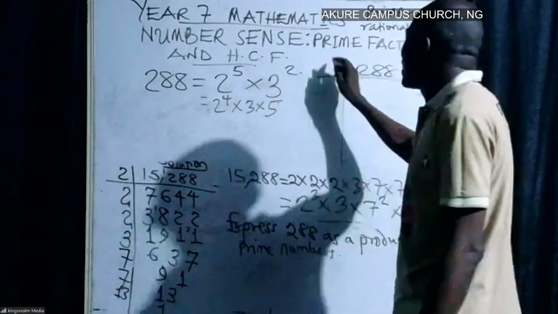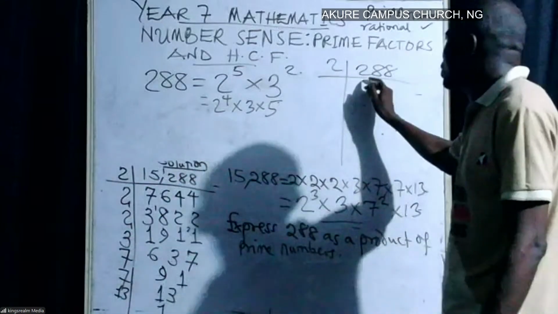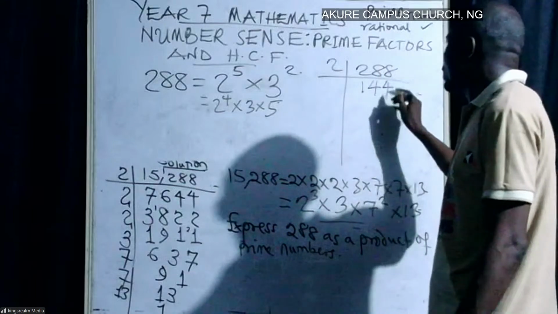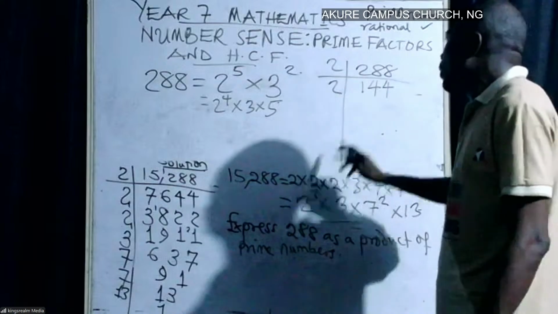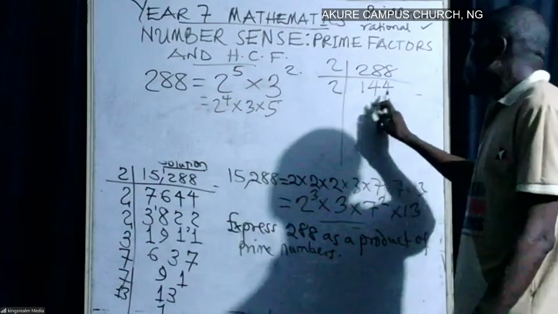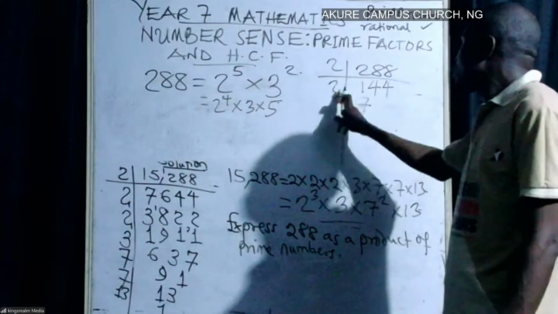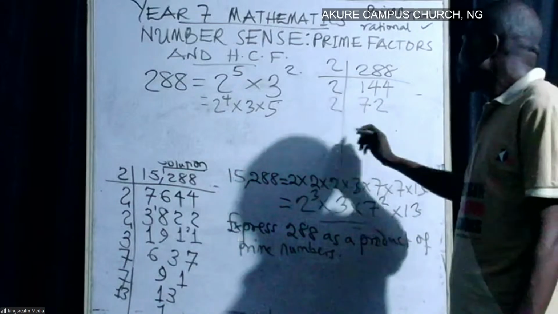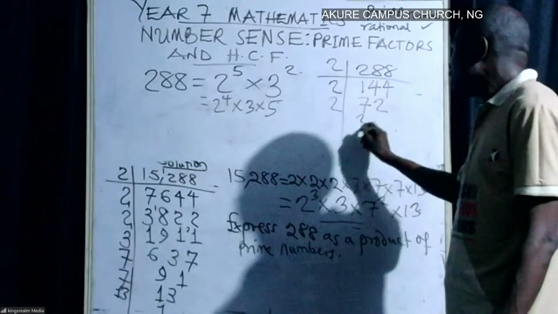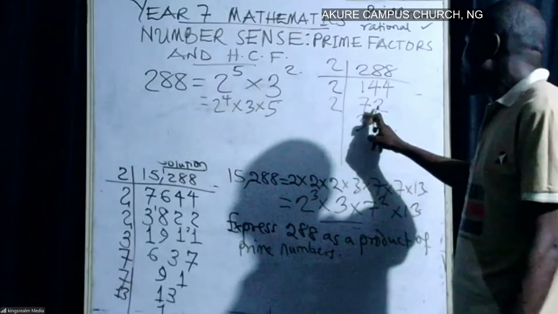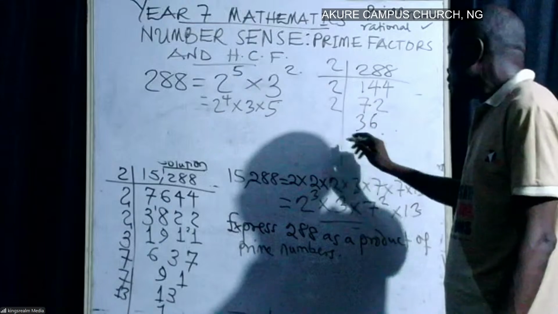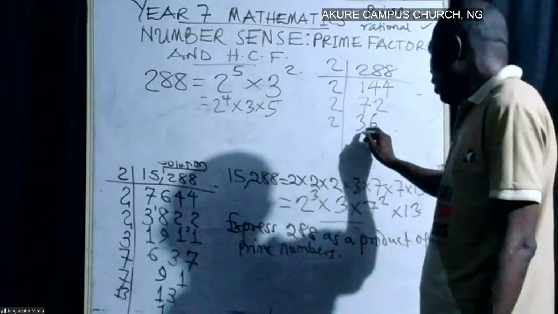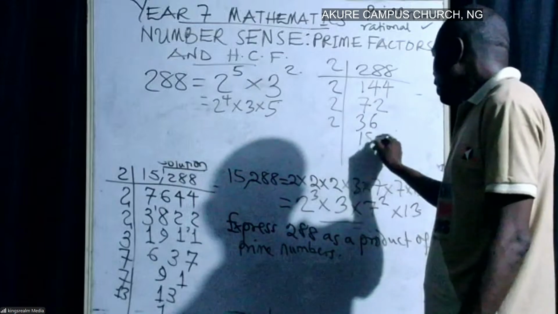Okay, so from 288, 2 can go. 2 in 2, that will give us 1. 2 in 8, that will give us 4. 2 in 8, 4 again. 2 can go here again. 2 in 14, that will give us 7. 2 in 4, that will give us 2. 2 can still go in 72. 2 in 7, that is 3, remainder 1. 2 in 12, that is 6. 2 can still go here. 2 in 36, that will give us 18.